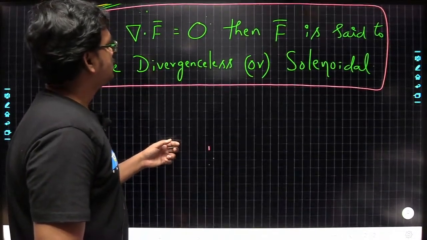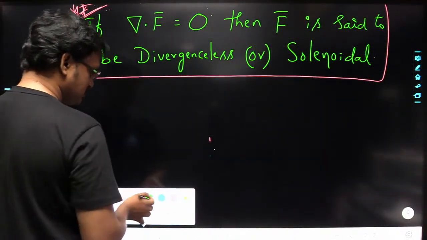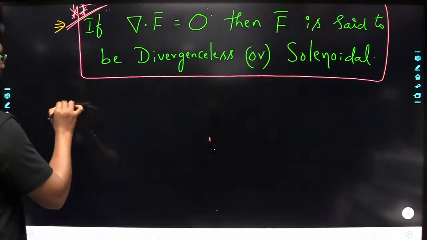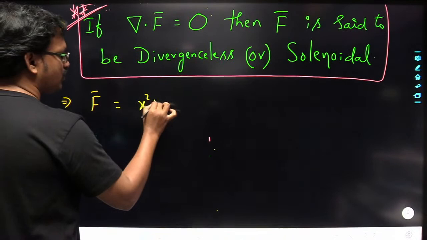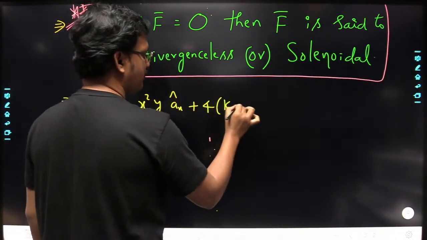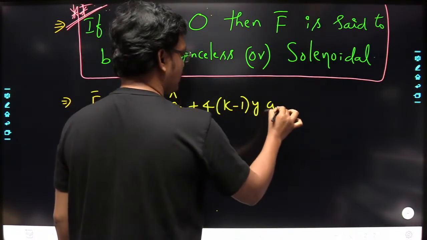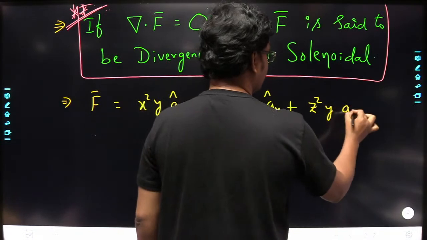Now I will give one example based on this. Let us take f bar equal to x square y ax cap plus 4 into k minus 1 into y ay cap plus z square y az cap.